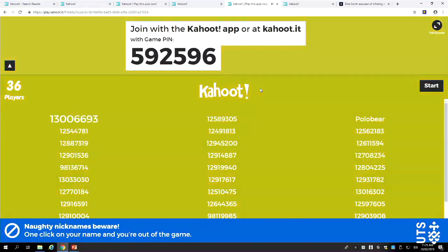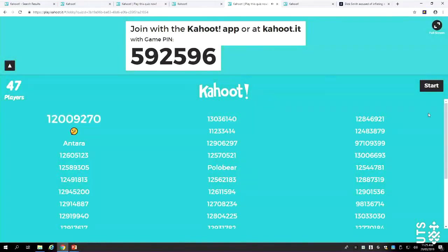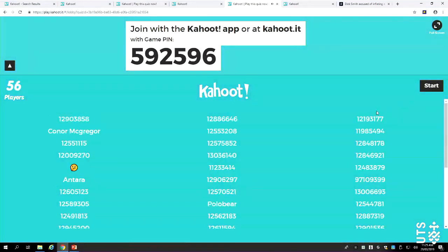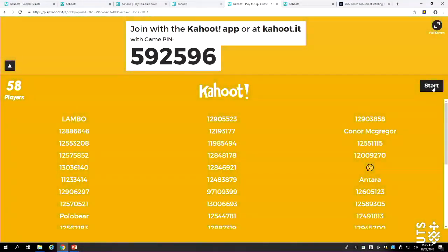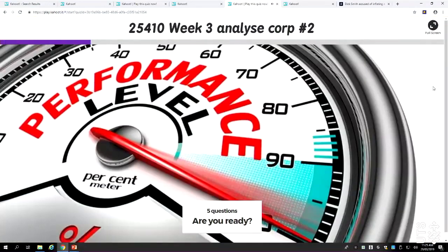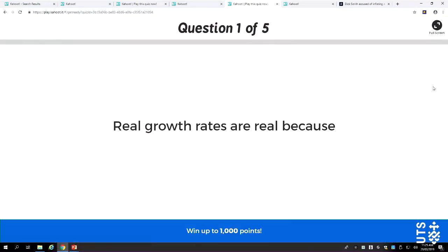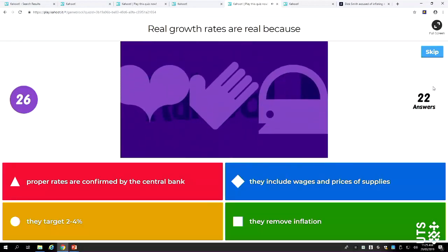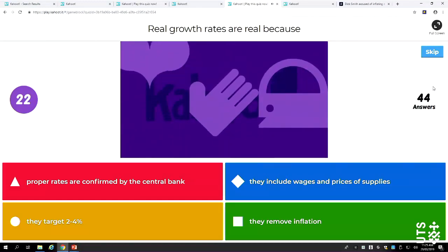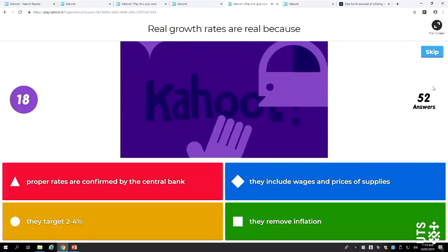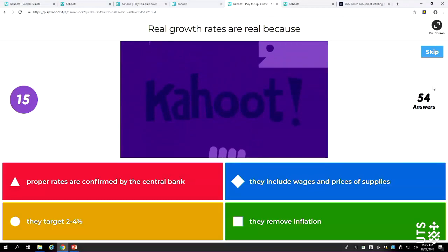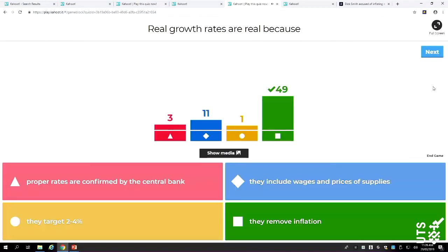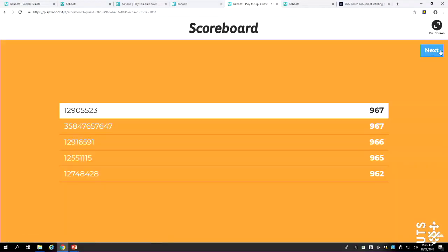Seconds. Five. One more. Rates remove inflation?